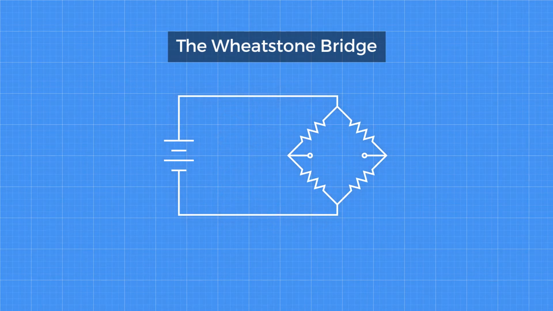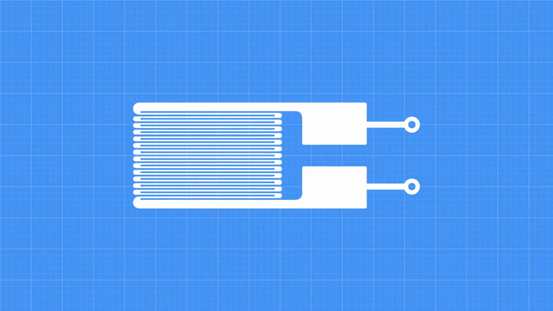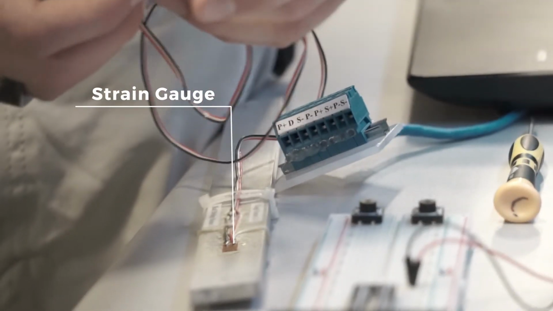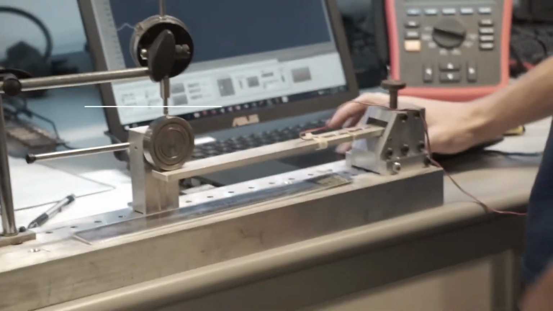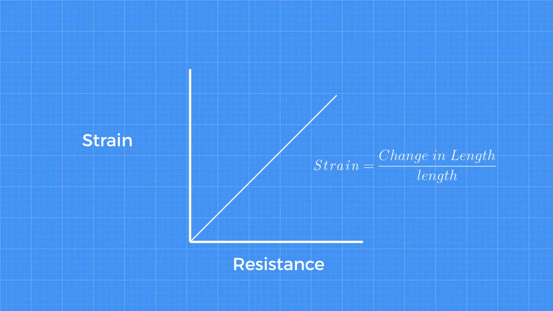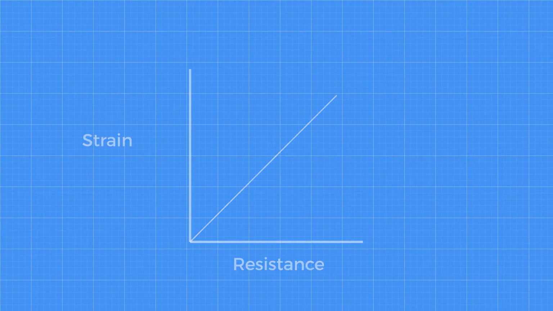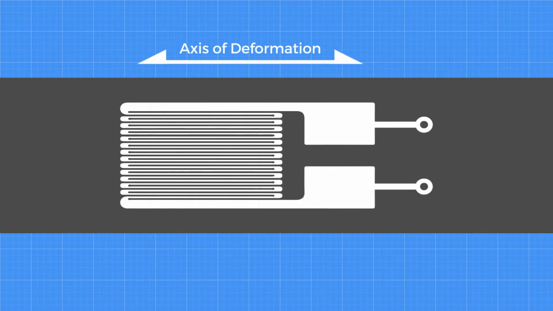To understand how a Wheatstone bridge strain gauge functions, we must first understand the basic principles that govern a strain gauge. A strain gauge is a sensor that uses its change in resistance to measure tiny deformations along a surface. This change in resistance is directly related to the strain in a beam, where the strain is the change in length of a member divided by its original length. A metal foil strain gauge works by deforming with the member that it is attached to.